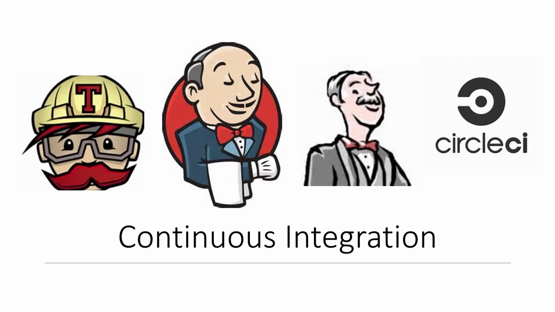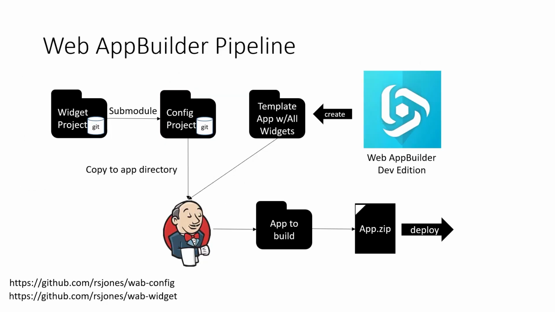Before we get into a demo of how this looks and works, this is what the pipeline will look like. As I mentioned before, our configuration project is the center of things. And my choice is that I have a widget project being pulled in as a sub-module to my config.